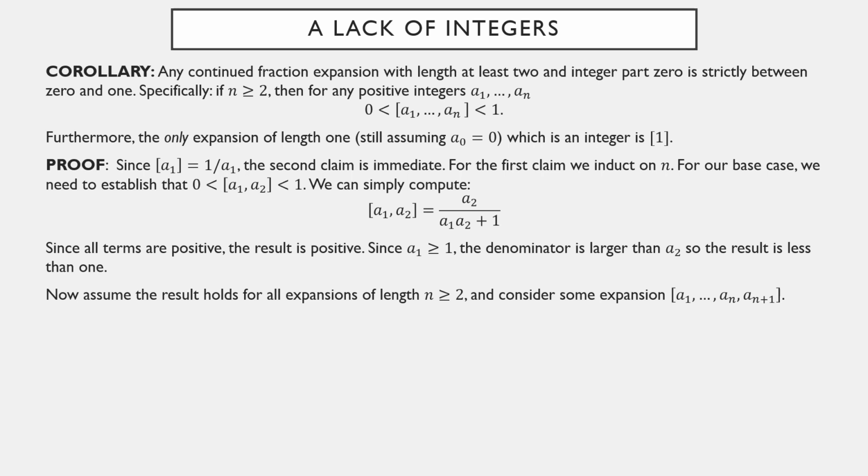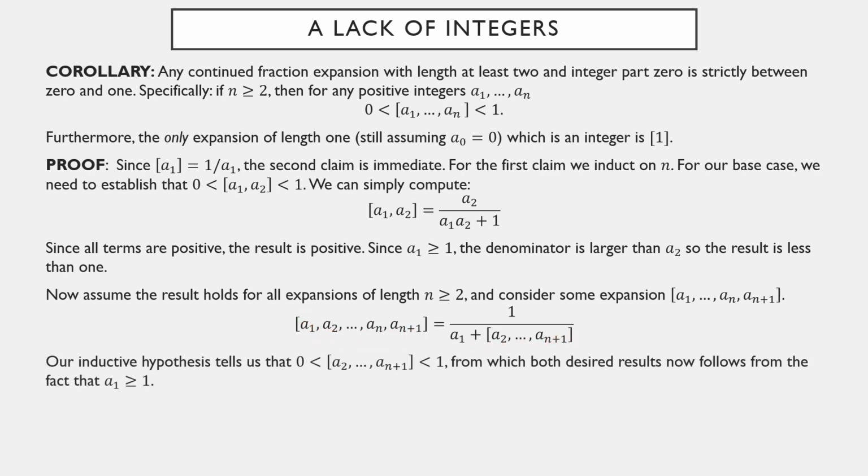Now let's assume the result holds for all expansions of length 2 or larger and consider some expansion of length n plus 1. We do the same trick we did before. This length n plus 1 expansion is 1 over a1 plus 1 over all of this. So we just assumed that that second term there is between 0 and 1.